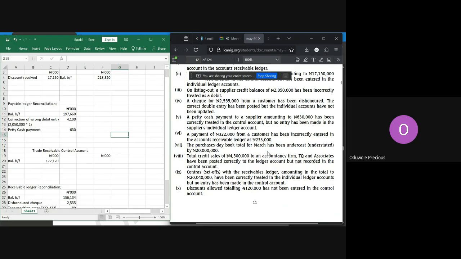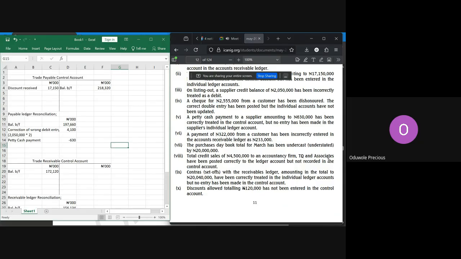total for March has been undercasted. So there's an undercasting of the payable control, payables day book total for how much? For 20,000 naira. So that's an undercast.